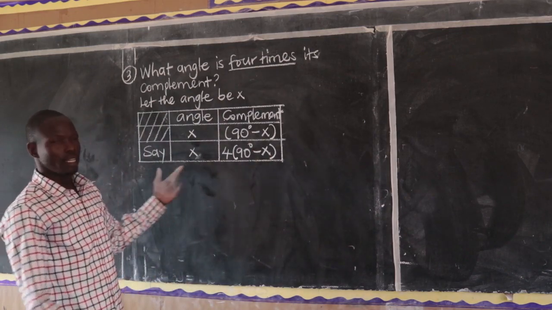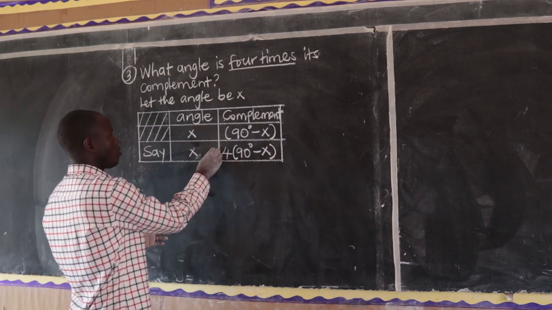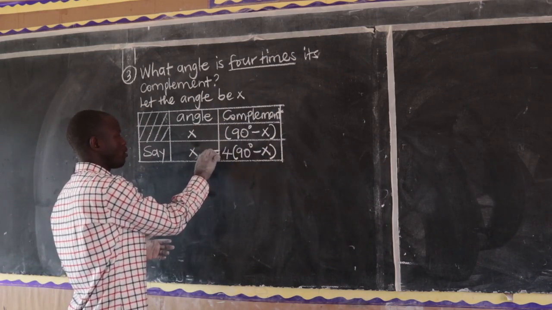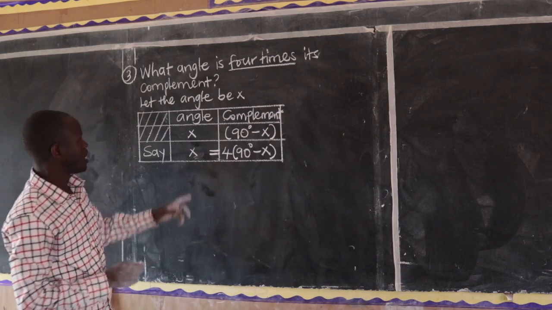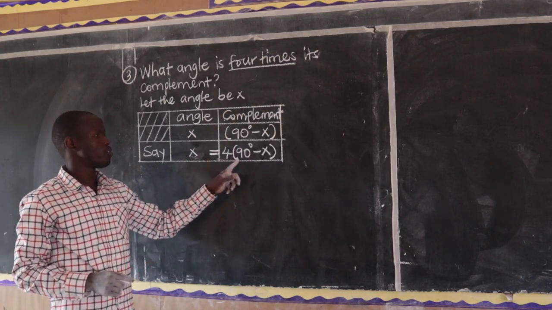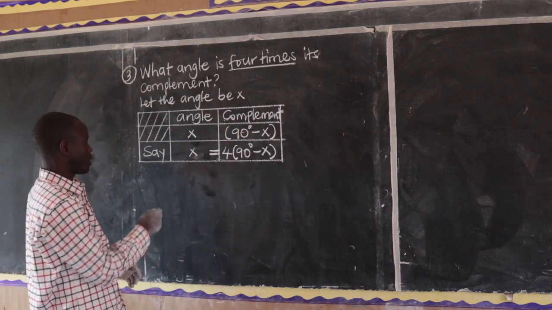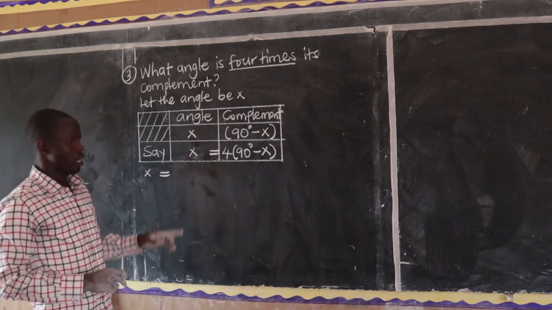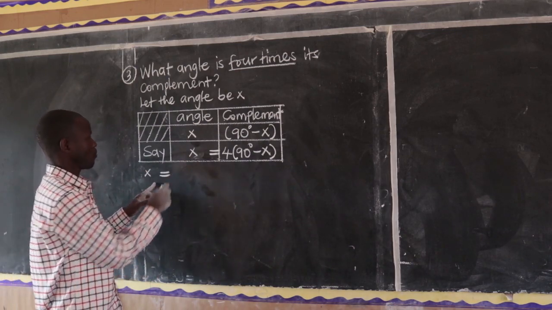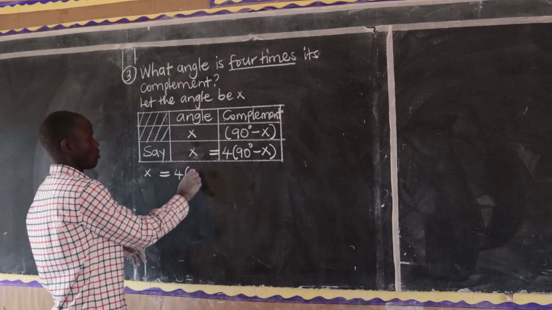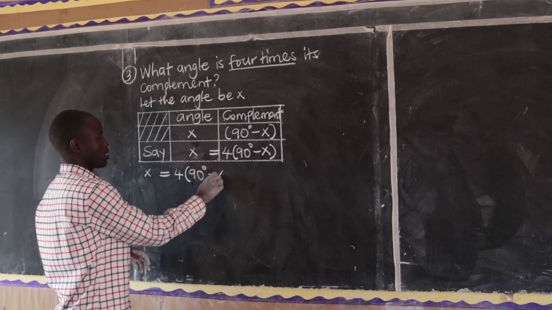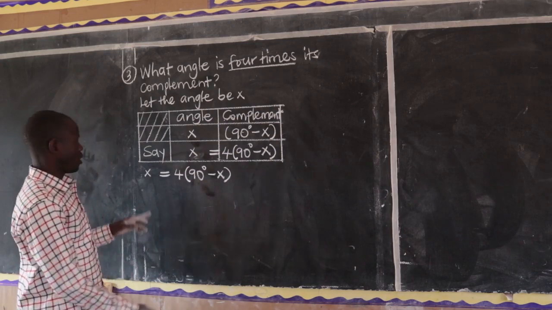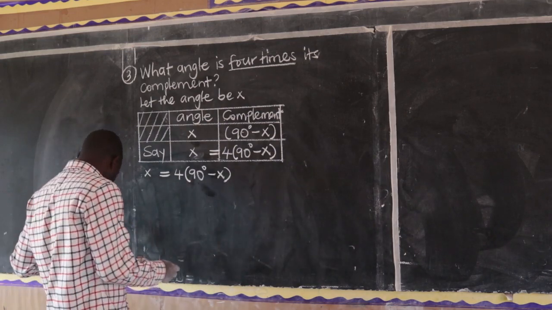Again from here, we shall discover that the angle and the complement are now made equal. So it's the same as saying x is equal to 4 into brackets 90 degrees minus x. Using that, we form our equation. The next step, we are going to remove brackets.